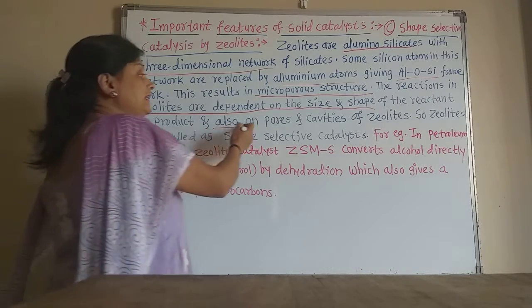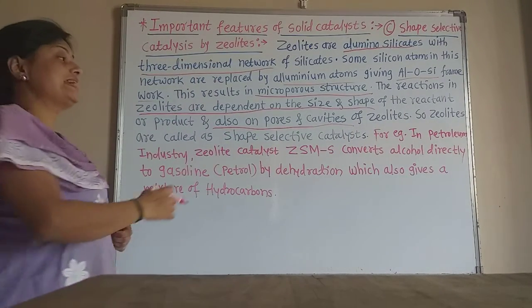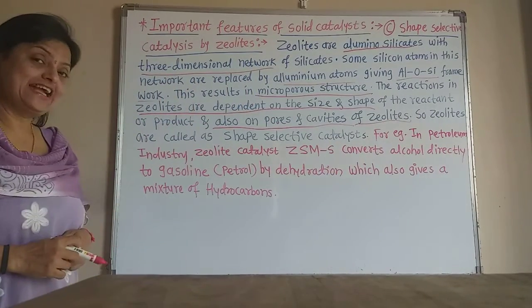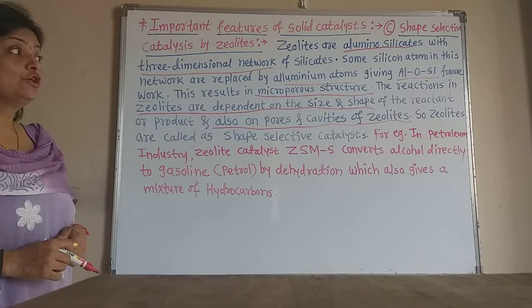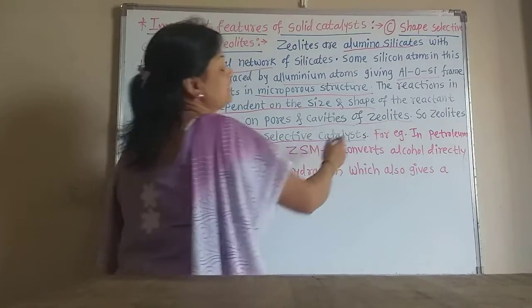And the reaction also depends on the pores and cavities of the zeolite, the size of the pores and cavities. So zeolites are called shape selective catalysts.